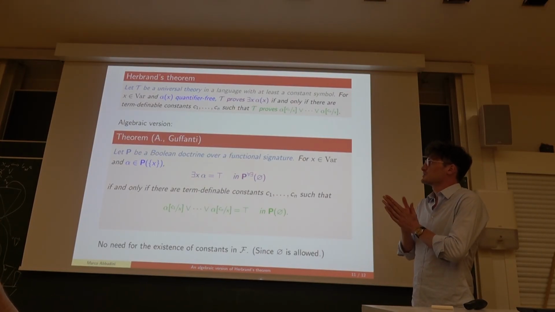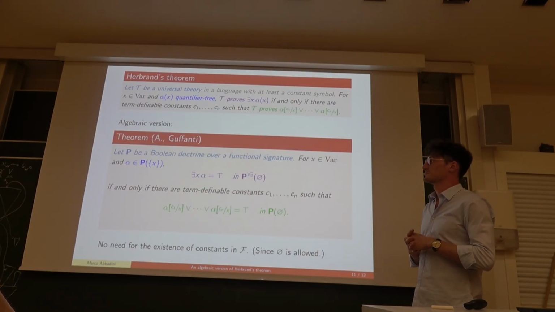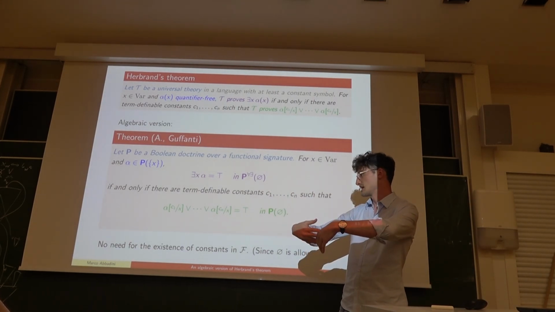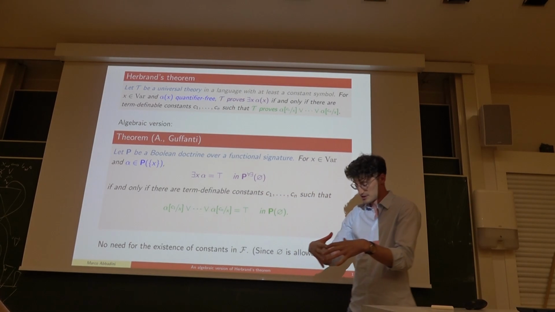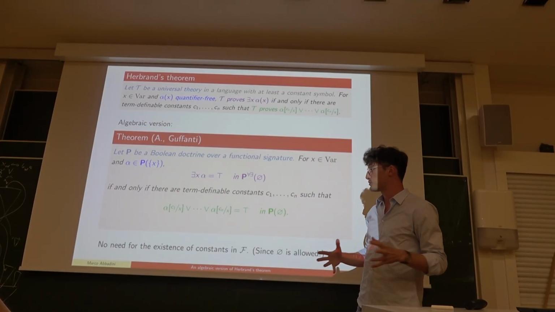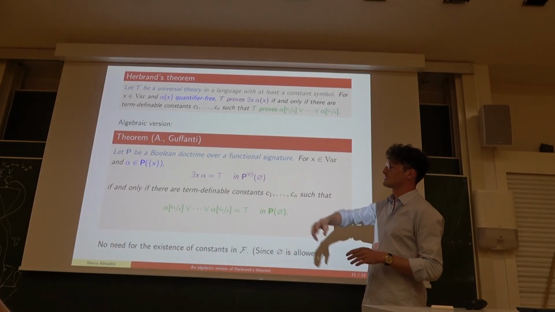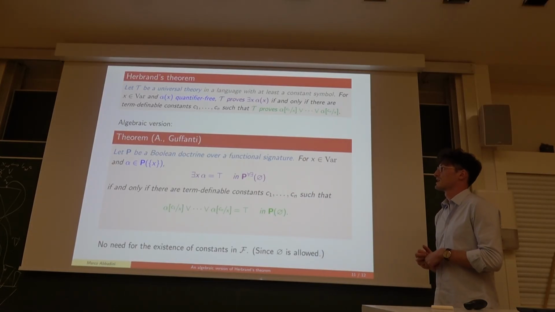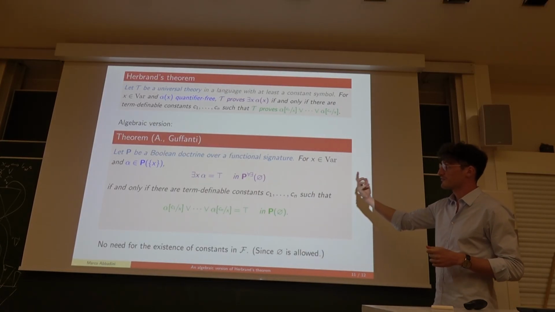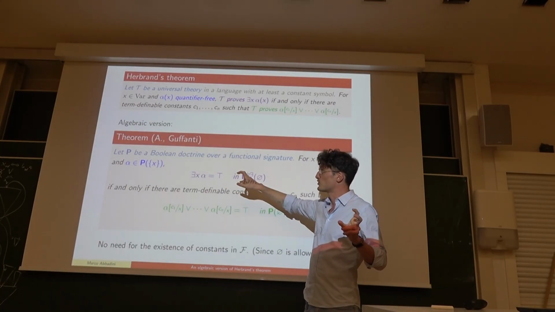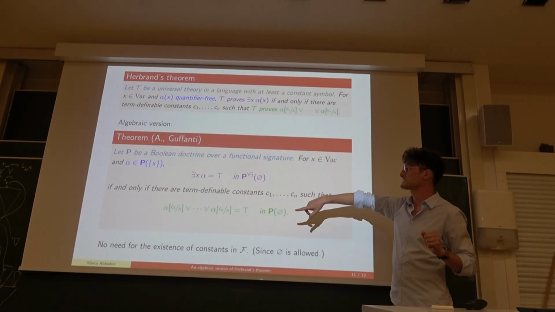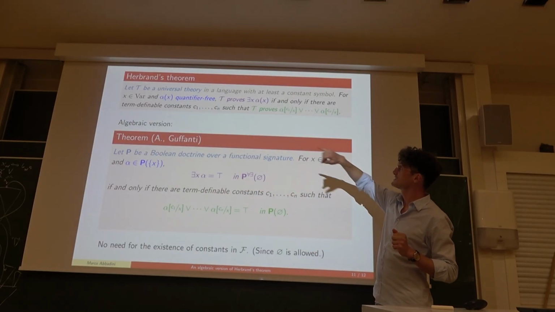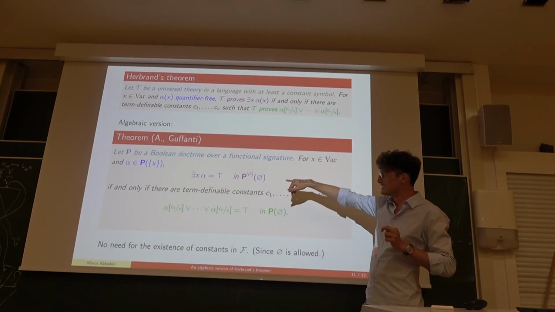Okay, so instead of having a universal theory, we have a Boolean doctrine over a functional signature. So just think of this Boolean doctrine as the quantifier-free part of the set of formulas modulo the universal theory T. And now, given alpha in P of x, so a formula with a free variable x, what does it mean that T proves exists x alpha x?